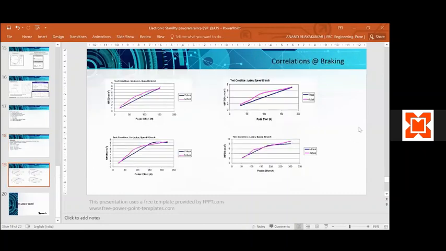So with this, the glimpses of whatever we have seen, the setups of hardware in the loop, and how extensively the simulation helps in the development.